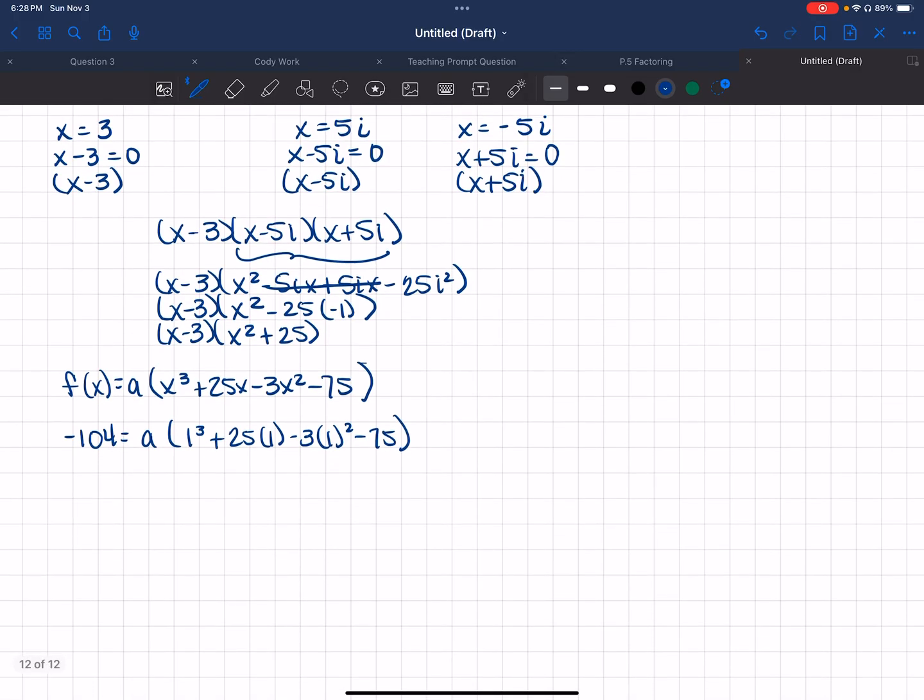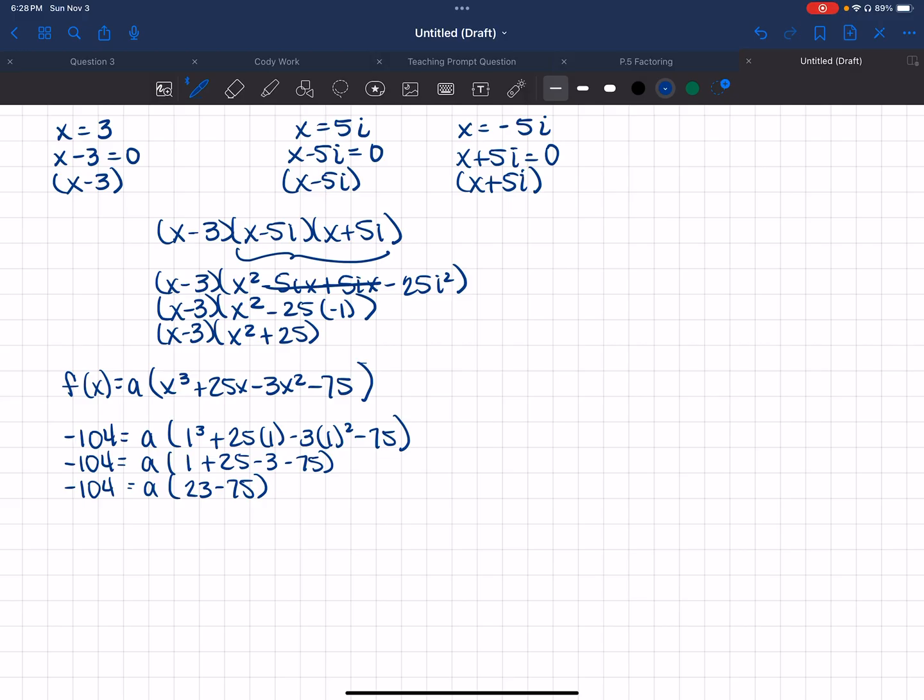All right, that's going to give me negative 104 equals a times 1 plus 25 minus 3 minus 75. That's negative 104 equals a times, so I've got 26 minus 3 is 23 minus 75.